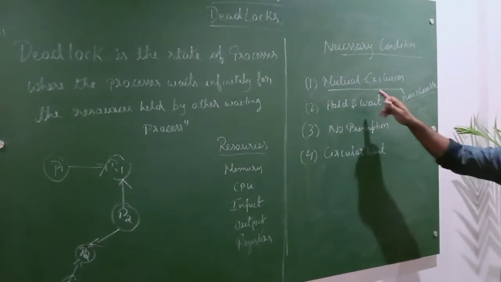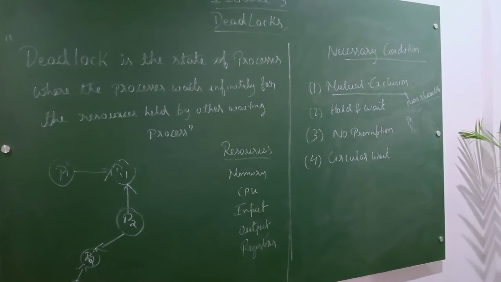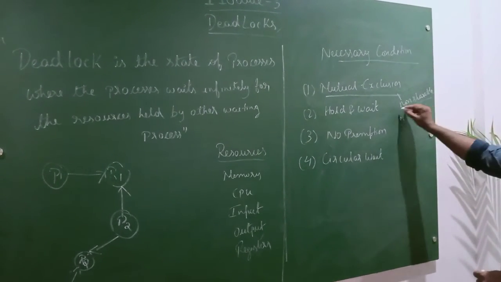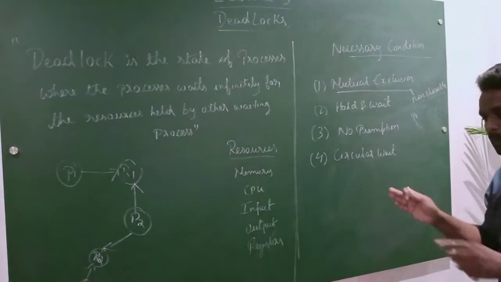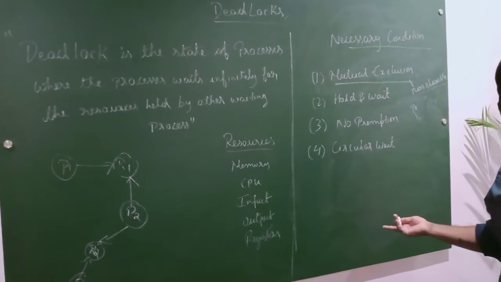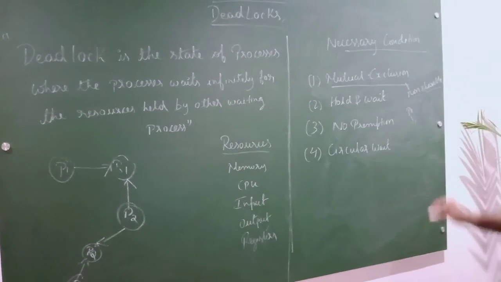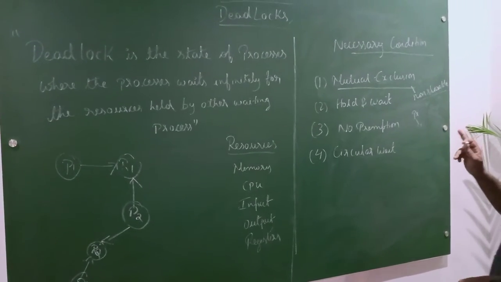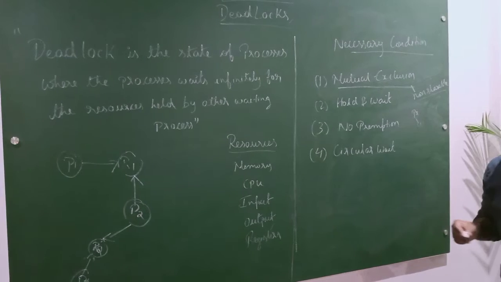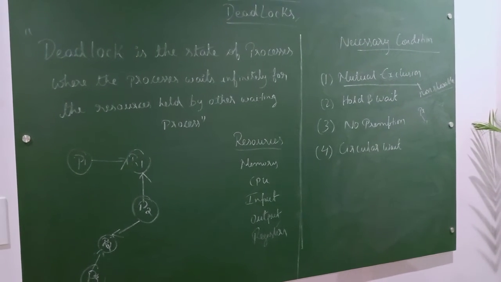So in mutual exclusion, at least one resource must be in non-shareable mode. Non-shareable means it is not shared among multiple processes simultaneously. At a time, only one process can use the resource.